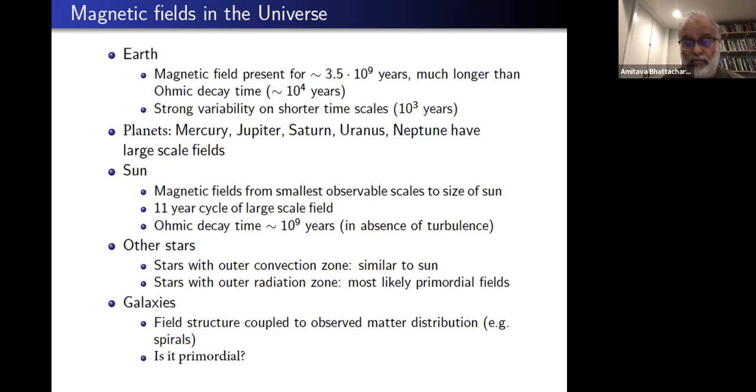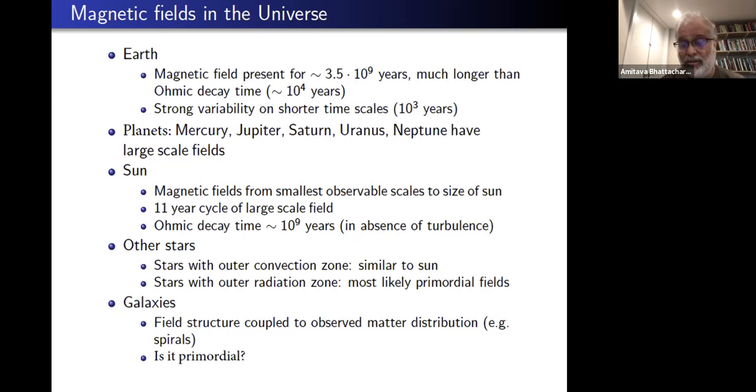Other stars, if you move away from the sun, and in many ways the sun is a typical star. Some have outer convection zones similar to the sun, and Dana referred to this in his talk. I was not there for both parts of it, but I certainly know that he had a slide where he addressed this issue. And then there are stars with primarily radiation zones and no convection zones at all.